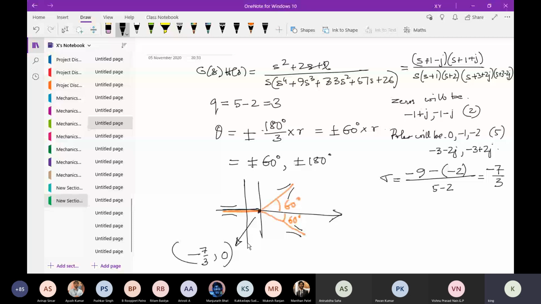This is my imaginary, sorry, wrong again. This is my imaginary axis, this is my real axis, and this is where all your asymptotes will meet.